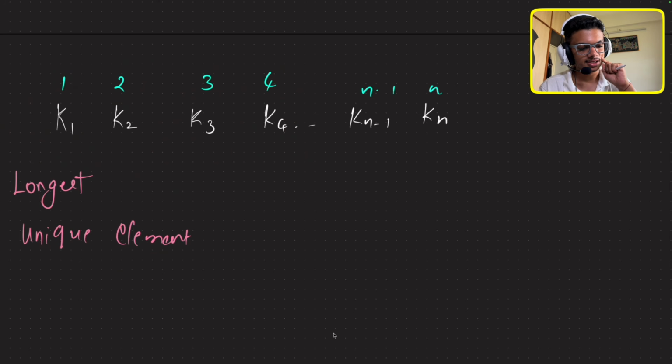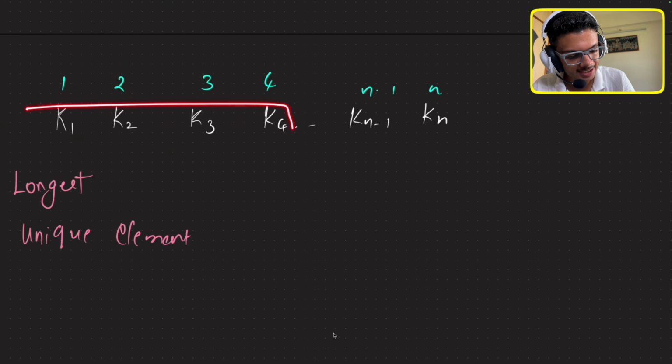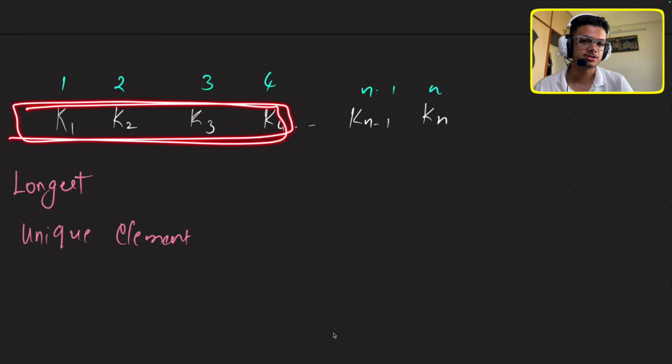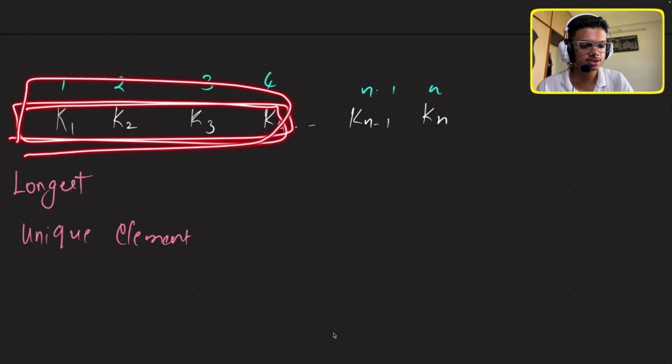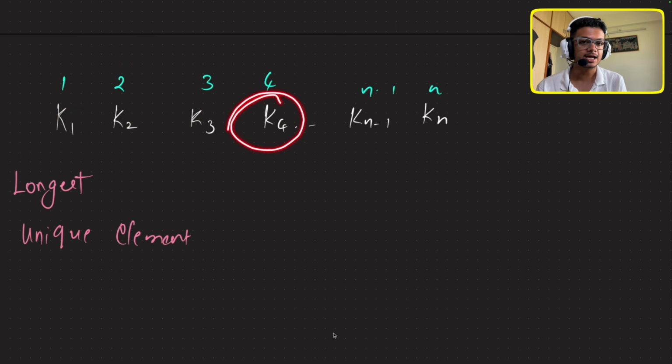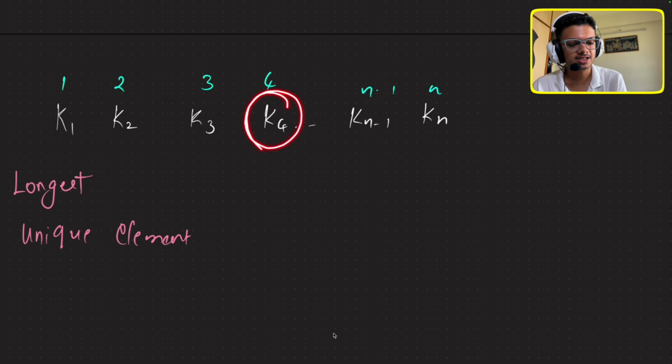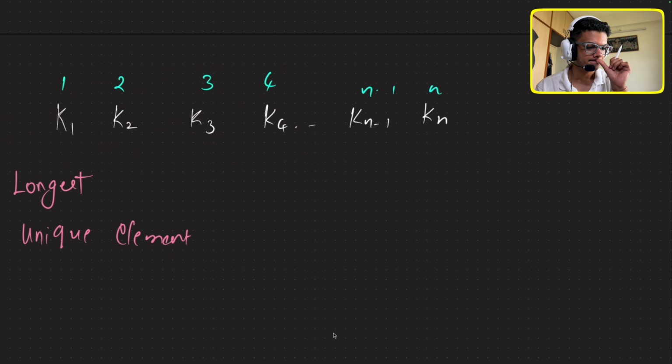How are you going to tackle that? Ideally you would want all these 4 elements to be unique. If they are not unique, you maybe remove some elements. Maybe remove K1, maybe remove K2, then maybe you have to remove K3. Of course, an array with a single element will always have unique elements, so in the worst case the answer can be 1.